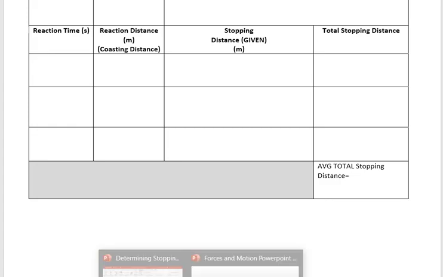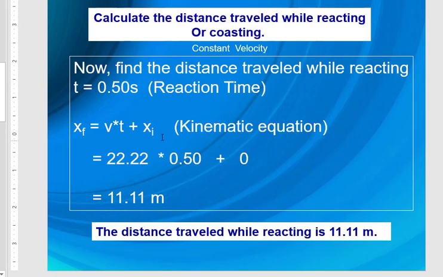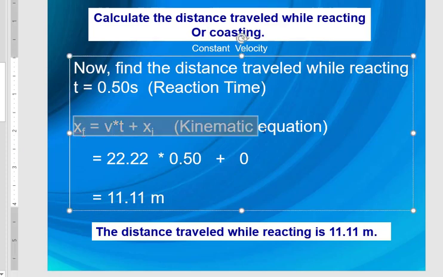So let me just quickly show you what we were saying in terms of the stopping distance. Let me go up a few more slides to what we did for reaction distance, just to refresh your memory. For the reaction distance, you're just moving at constant velocity. And this is the kinematic equation for constant velocity here. And this 22.2, that's the 50 miles per hour that was converted over to meters per second.